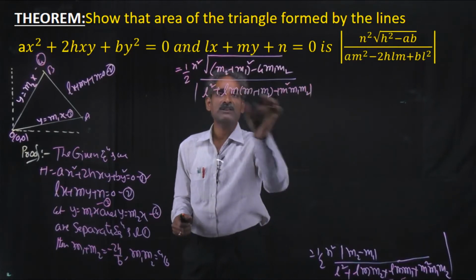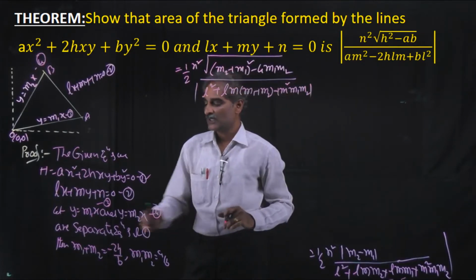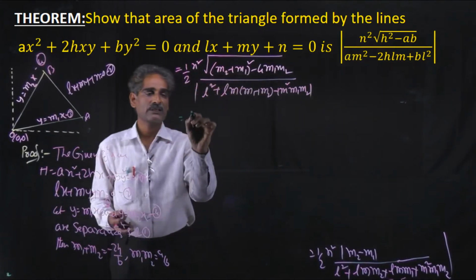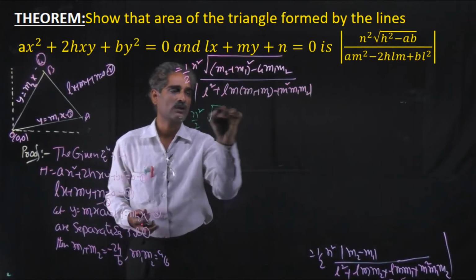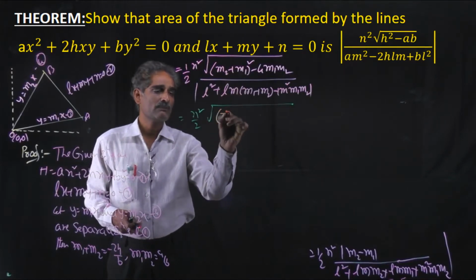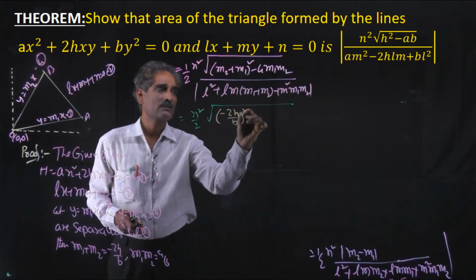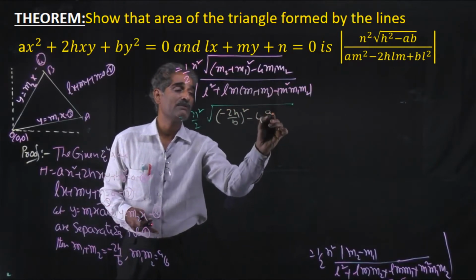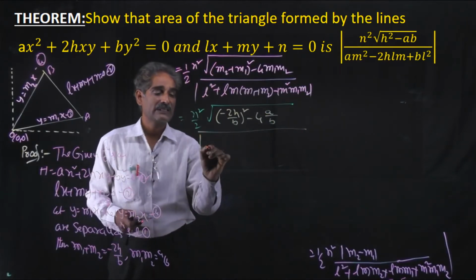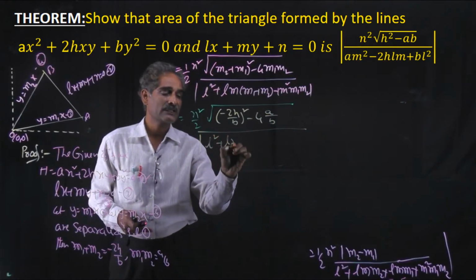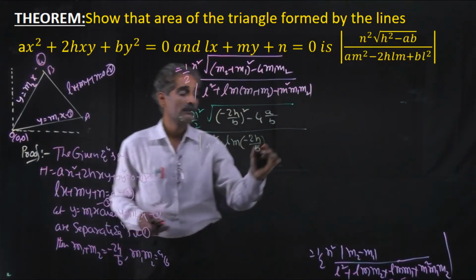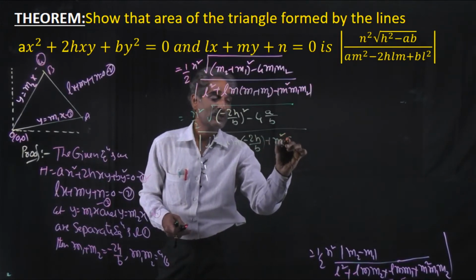Now substitute all these values, m1 plus m2, m1 m2. m1 plus m2 equal to minus 2h by b, m1 m2 equal to a by b. So here we get n square by 2 into square root of m1 plus m2, minus 2h by b whole square minus 4 into m1 m2, a by b, whole divided by modulus of L square plus L m into minus 2h by b plus m square into a by b.